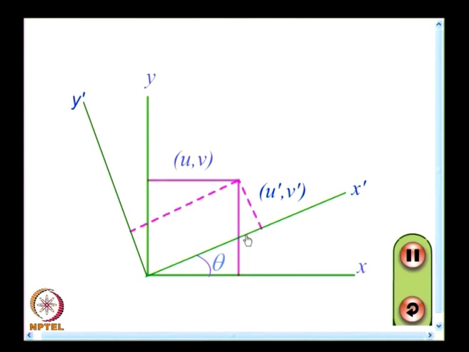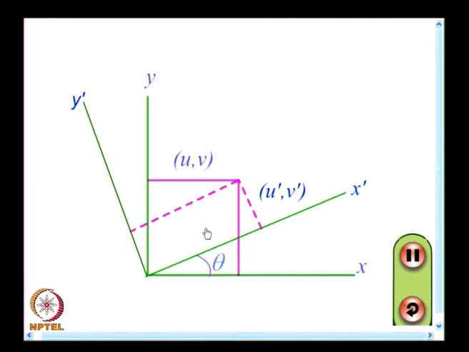The transformation is simply obtained by finding the expressions for u prime and v prime from simple geometry. That is all you need. This you would have done in your earlier courses, it is not something new. I think you can brush up your old memories and write on your own the rotation matrix, or in other words, find out what u prime and v prime are in terms of u, v and theta. You simply need to apply geometry here and then get the relevant components.